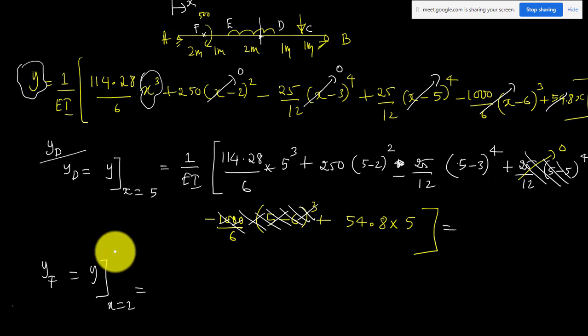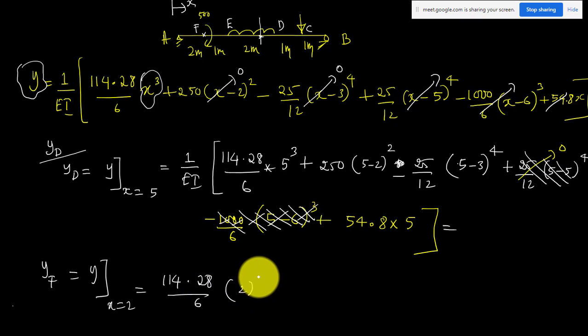So your deflection at F is 114.28 by 6 into 2 cubed, plus 0, plus 0, minus 0, plus 0, minus 0, and plus, don't forget this term.